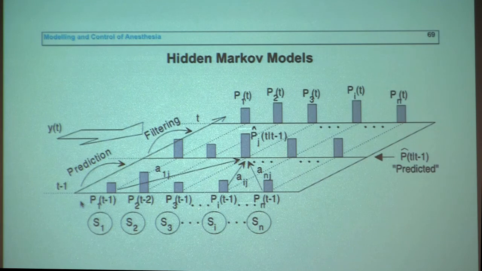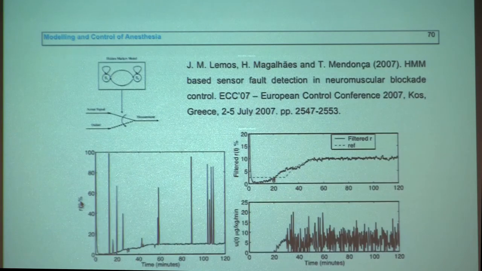Everybody knows the Viterbi algorithm, but this is not exactly Viterbi because this is a filtering problem. Viterbi is a smoothing algorithm, and you can use this algorithm to make the estimation. And well, you have here an example in which this is the primary signal with all these outliers, and this has been removed with this type of algorithm.